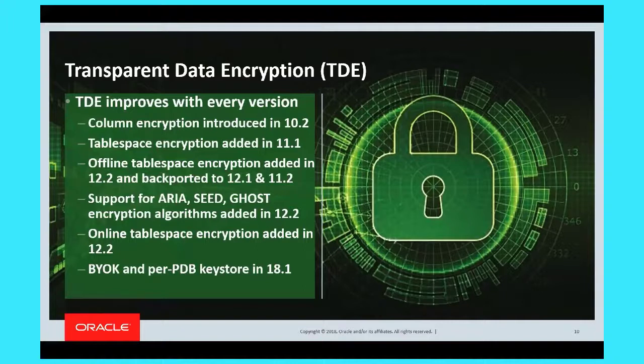We also added support for online conversion of table spaces from unencrypted to encrypted in 12.2. And in the most recent database release, 18.1, we've added support for bring your own key and per PDB key store, where each different PDB can have their own back-end wallet or key management system in 18.1. So this is kind of the history for TDE.